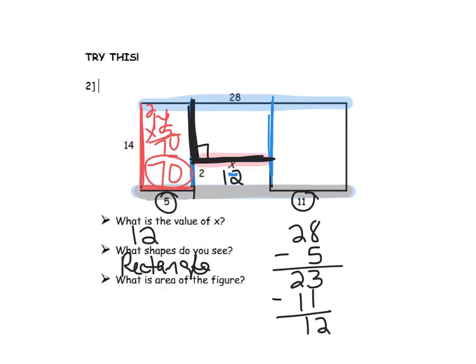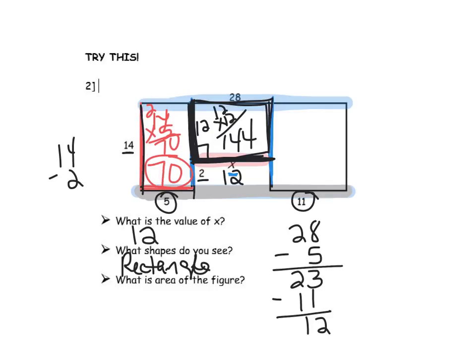Because this is 14 and then we have 2, we only need this part. So if the whole thing is 14, but we only need this part, I'm subtracting 14 minus 2, and this is going to be 12. So basically, this is a square. So all I have to do to find that is 12 times 12. And that's going to give us 144.